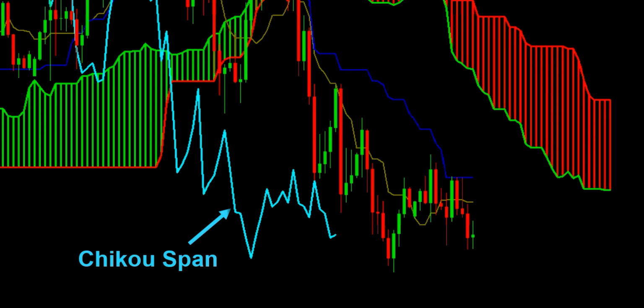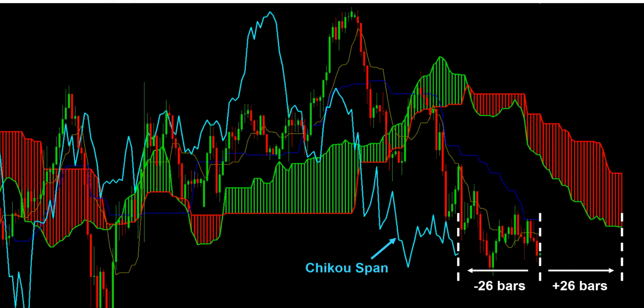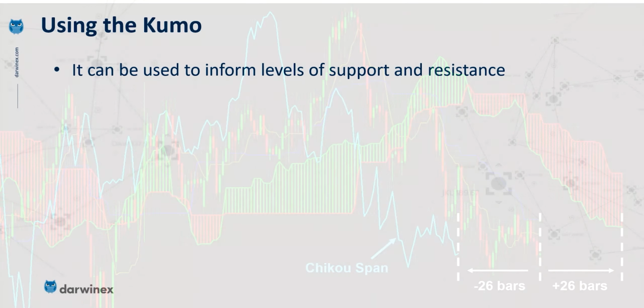So the Chikou Span here is plotted 26 bars behind the current price action. And as you can see, the Ichimoku Cloud is plotted 26 ahead of it. And that's what gives us the Chikou Span, or the lagging span, and the Senkou Span, or the leading span lines.